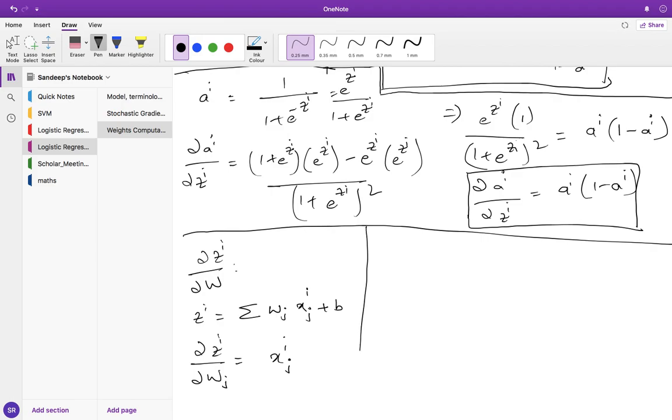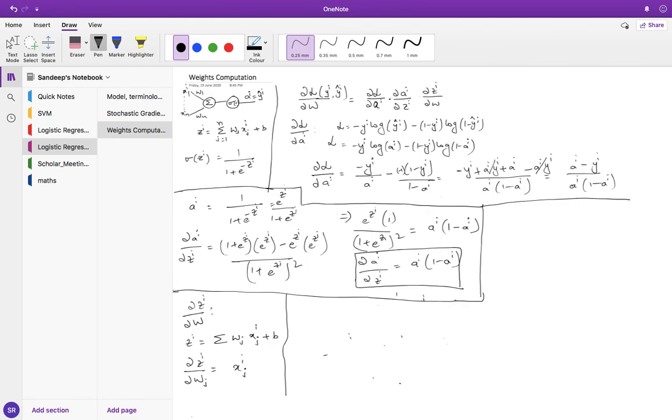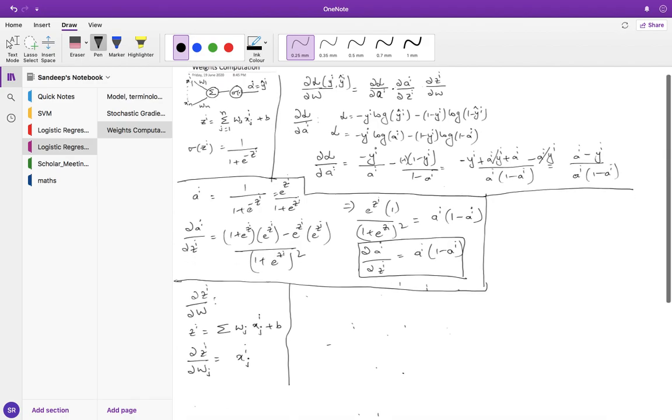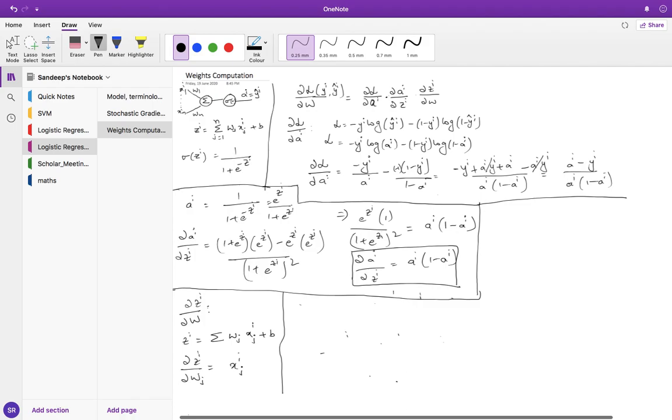So now after finding all these things, dou L divided by dou W, let us continue with dou L by dou Wj. As you can see here, we have computed all three terms.